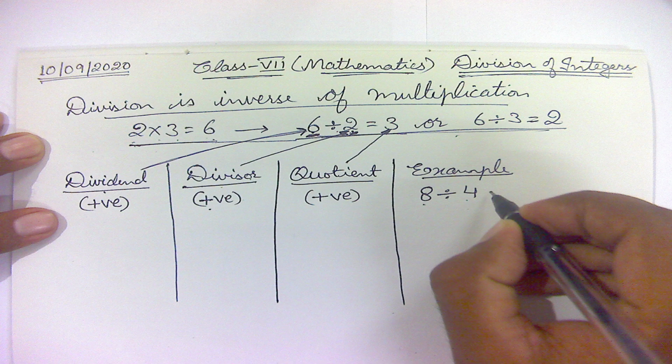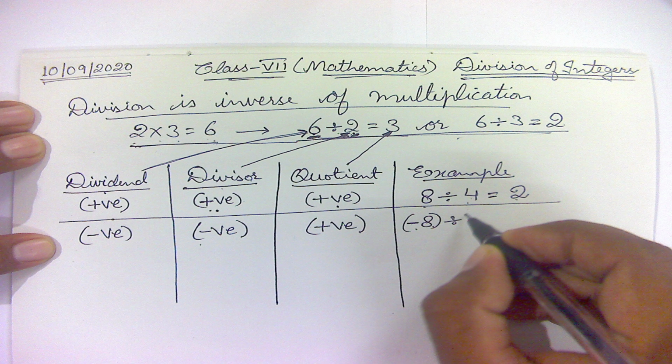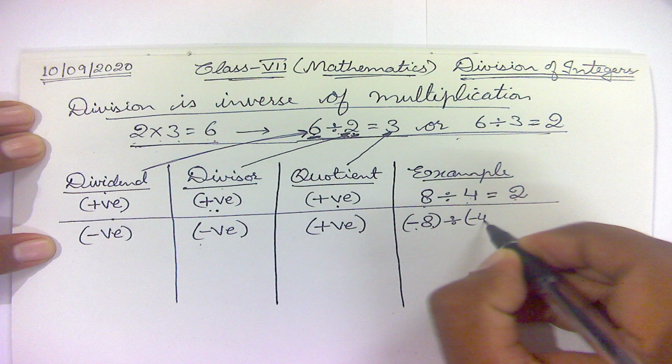Similarly, if the dividend is negative and the divisor is negative, both are negative, then also the quotient will be positive. Suppose instead of 8 it is minus 8 and you are dividing by minus 4. So minus 8 divided by minus 4 will also give you plus 2.